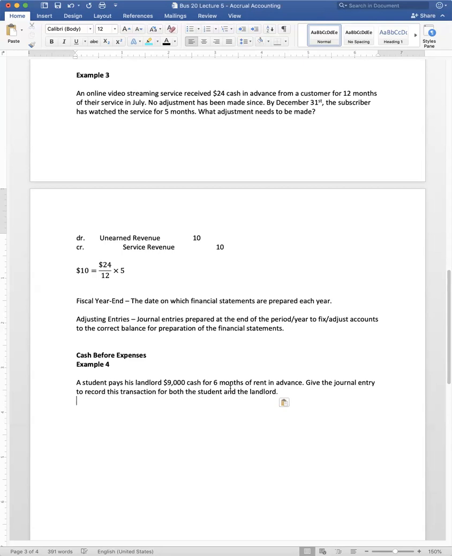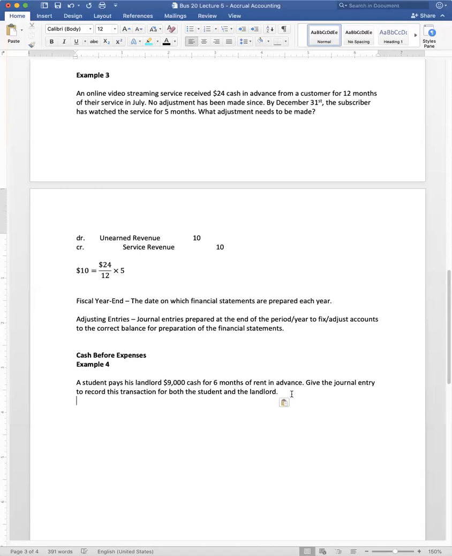And rent, which is what we have here, is another common example of an expense that is typically paid for in advance. Okay, so in this example here, we have a student paying their landlord $9,000 cash for 6 months of rent in advance, right? So imagine they're paying in August for the whole semester.